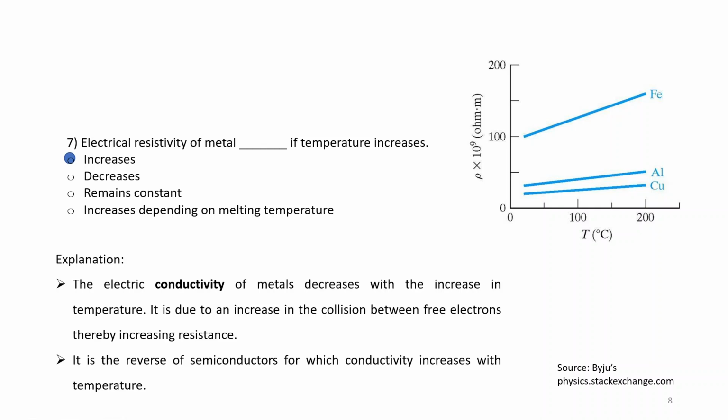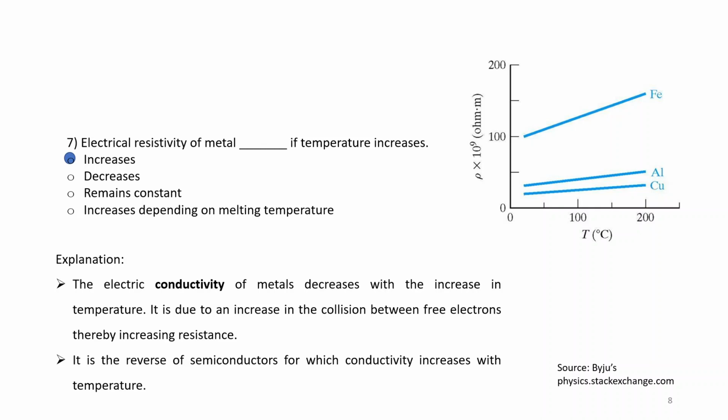Okay, so the electric conductivity of metal decreases with the increase in the temperature. It is due to an increase in the collision between free electrons, thereby increasing resistance. It is the reverse of semiconductors, for which conductivity increases with temperature.